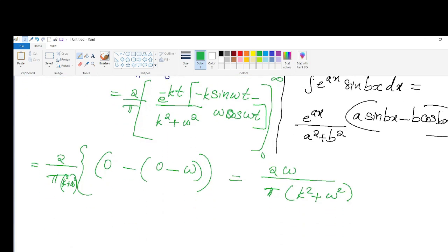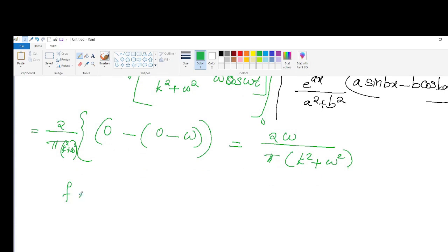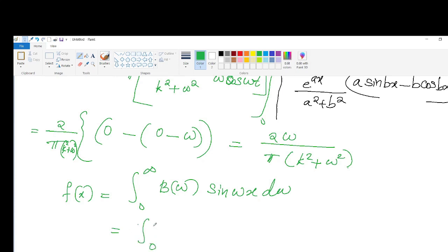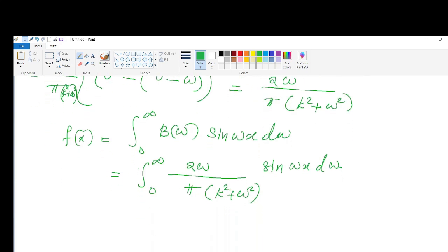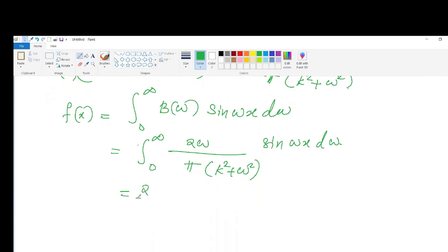Now you can substitute this value in f(x). What is f(x)? The integral from 0 to ∞ of B(ω) sin ωx dω. So this is equal to the integral from 0 to ∞ of 2ω divided by π(k² + ω²) times sin ωx dω. Here 2/π is a constant.